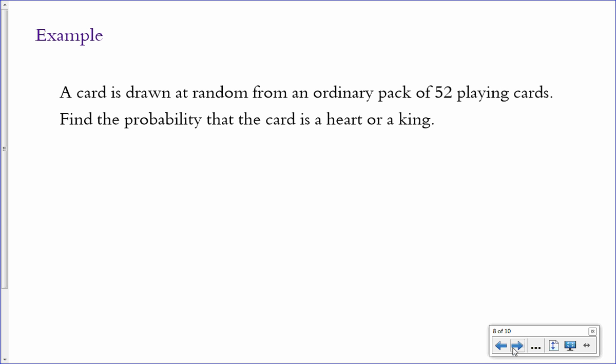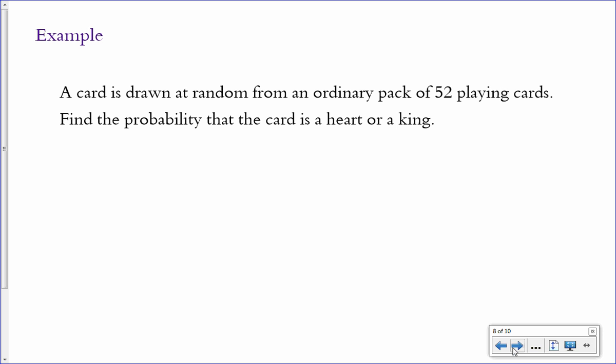So the probability of getting a heart or a king is the probability of getting a heart, and there are 13 hearts in a deck of cards, so 13 out of 52. The probability of getting a king, and there are 4 kings in a deck of cards, minus the probability of getting something that is both a heart and a king, which there is 1 in a deck of cards.